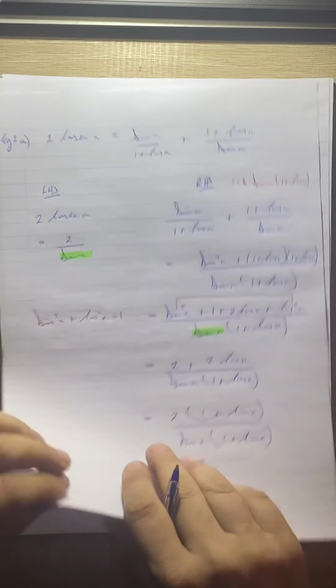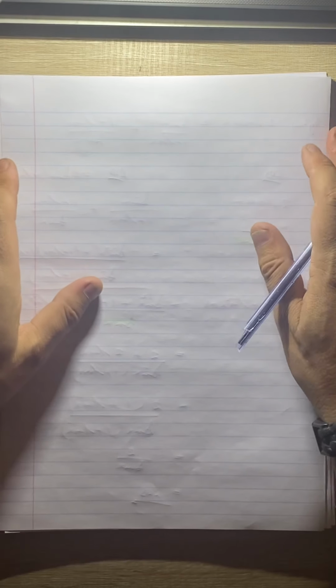Okay, I'm going on to example B. Example B is tan x minus sine x over sine cubed x.